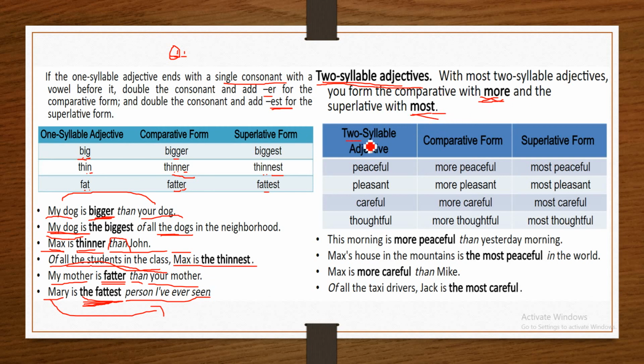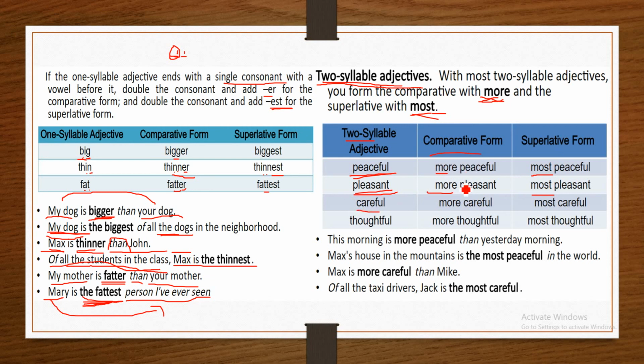For example, two-syllable adjectives. Peaceful. For the comparative form, we add more: more peaceful. For the superlative form, we say most peaceful. Pleasant: more pleasant, most pleasant. Careful.